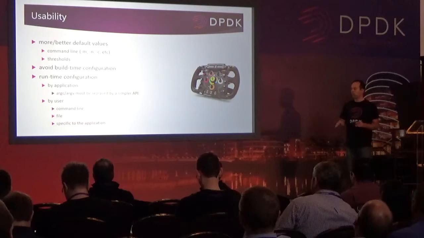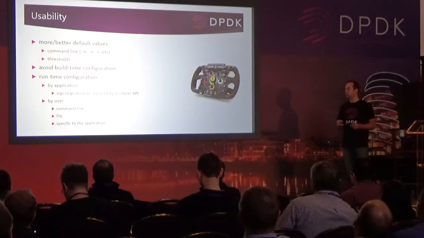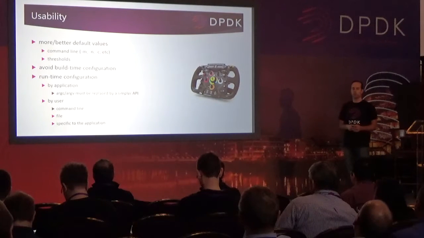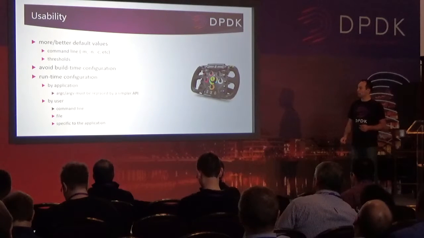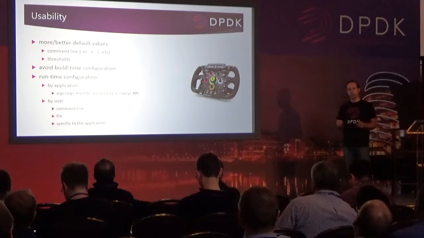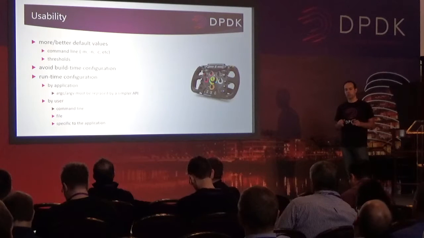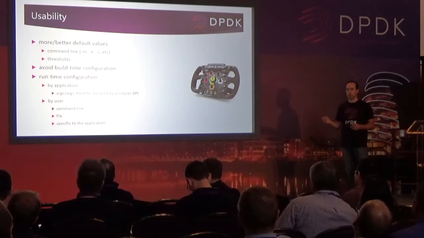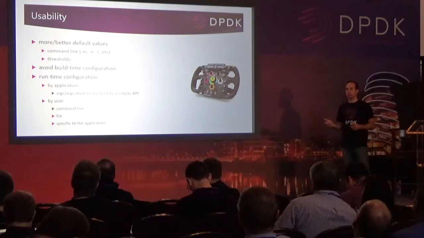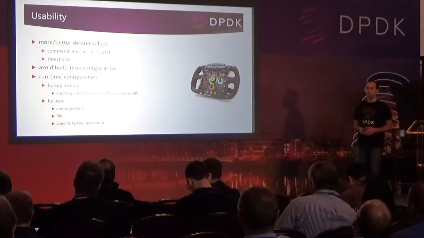The user sets some options on the command line. The user could set some options in a configuration file. It's something being discussed. Or the user could use some configuration options which are specific to the application. After all, is it the responsibility of DPDK to provide some configuration options, or should it be the responsibility of the application? It's open.